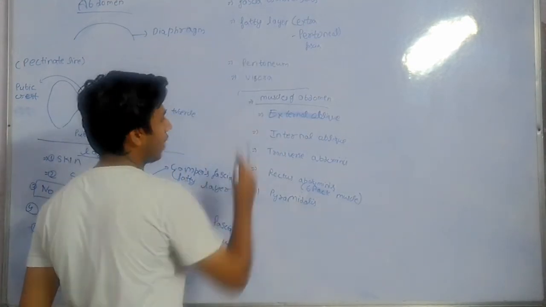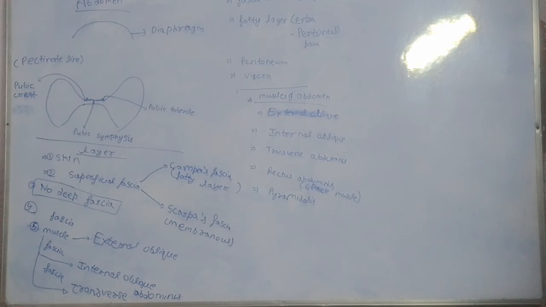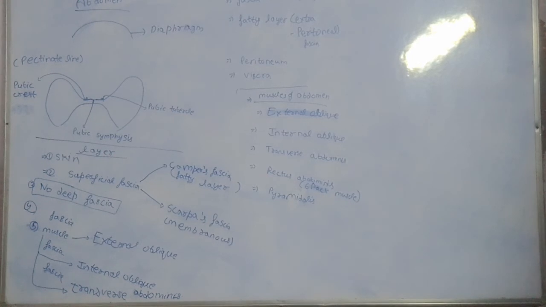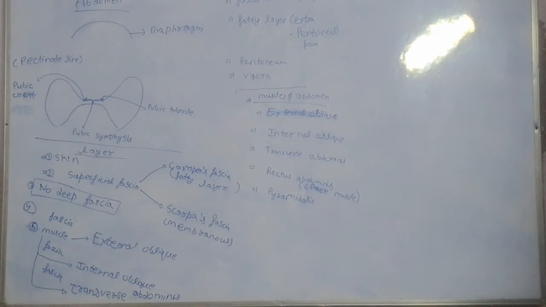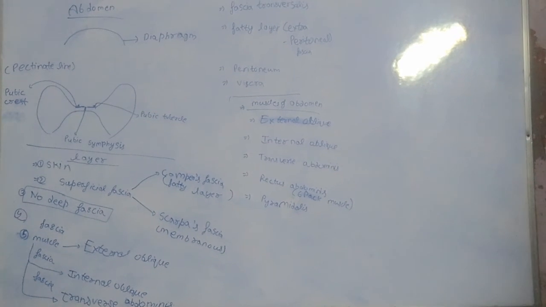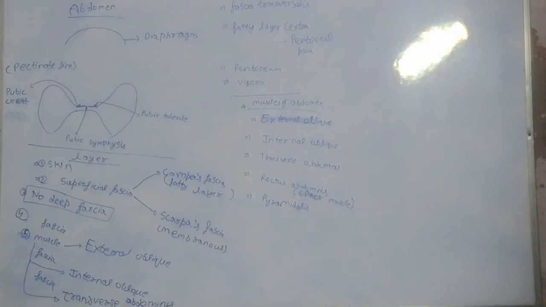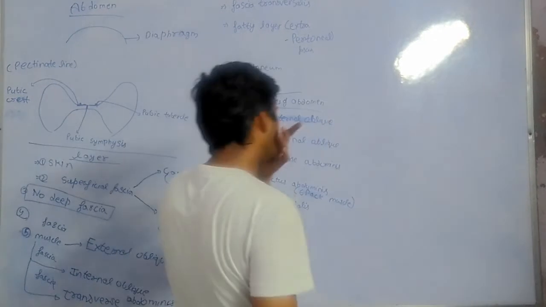So these are 5 muscles of abdomen. Now we will cover the muscles extensions and muscles origin.